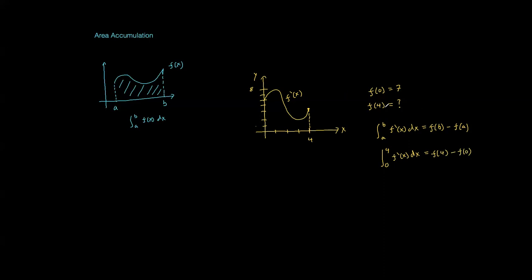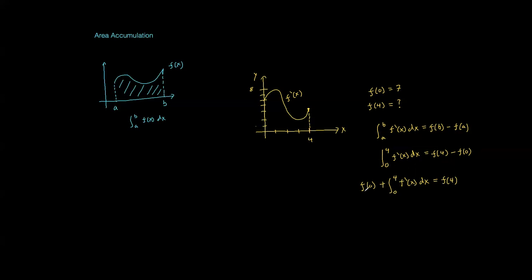If we're looking for f of 4, then we can add f of 0 to both sides. So f of 0 plus the integral from 0 to 4 of f prime of x dx just equals f of 4, just like that.